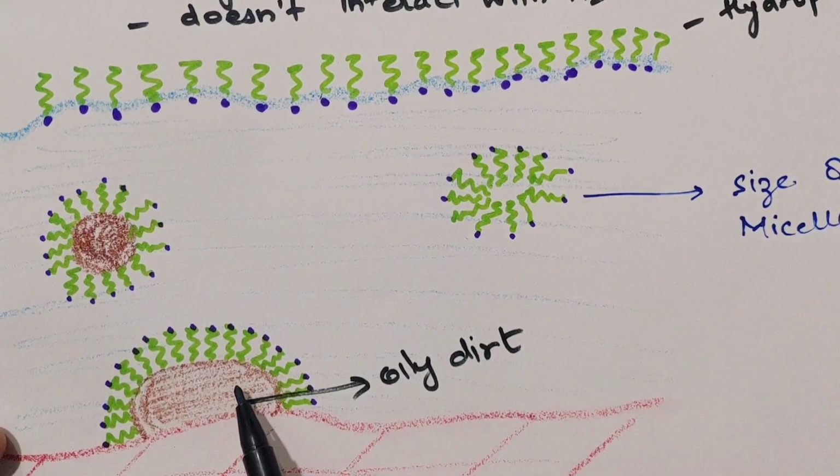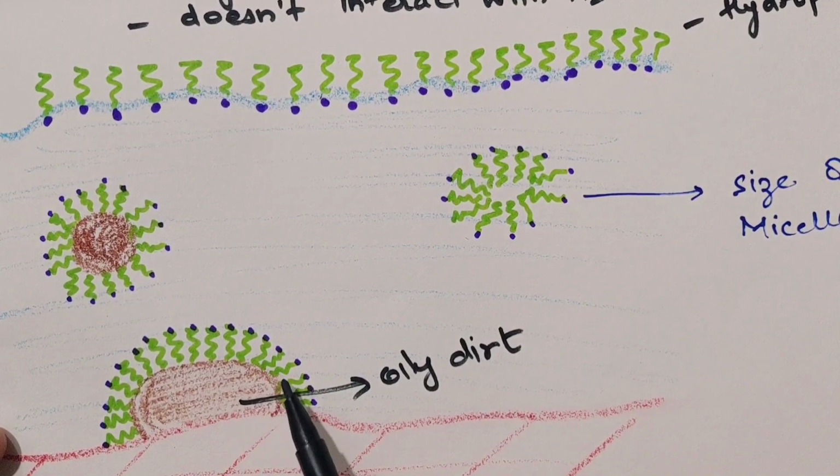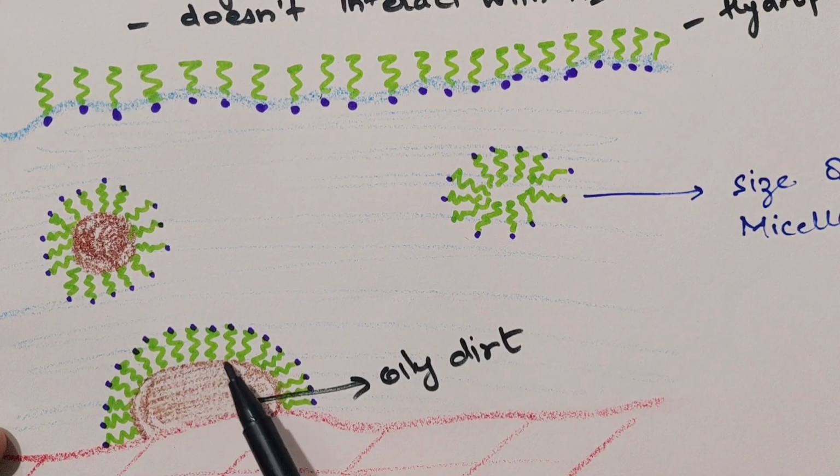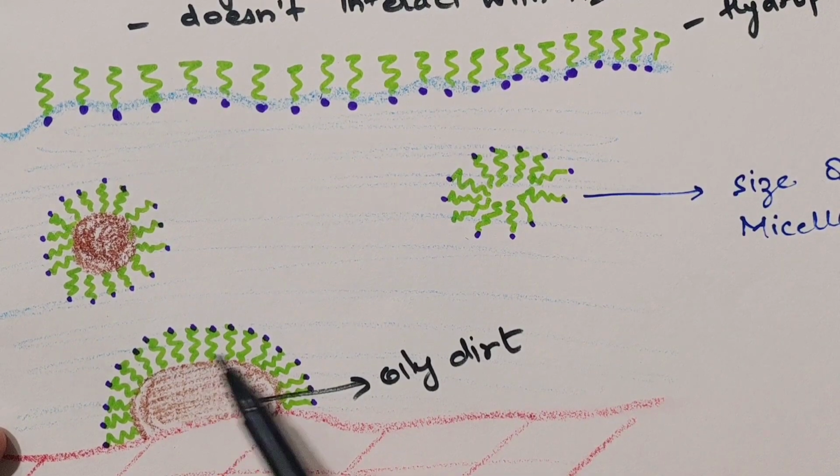Hydrophobic dirt can interact with the hydrophobic tail of the soap molecule. They interact and all the soap molecules sort of latch around the oily dirt. And again, the ionic part, the hydrophilic part, is on the outside of this cluster interacting with water.